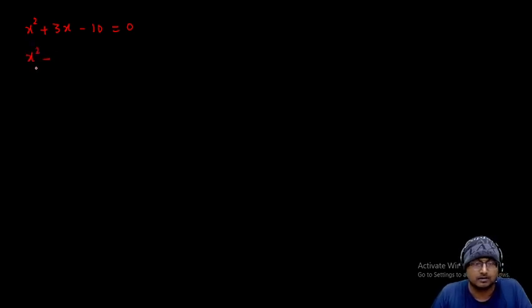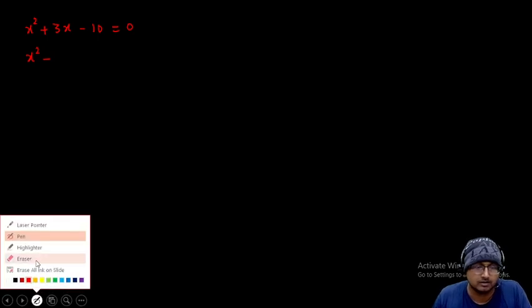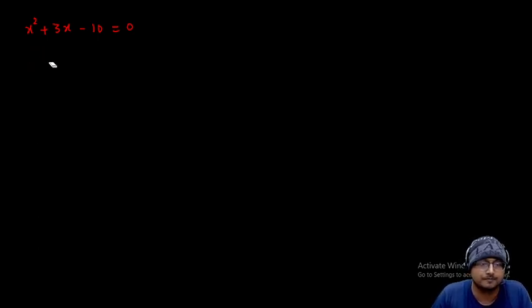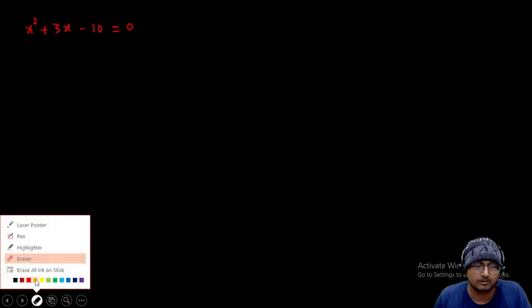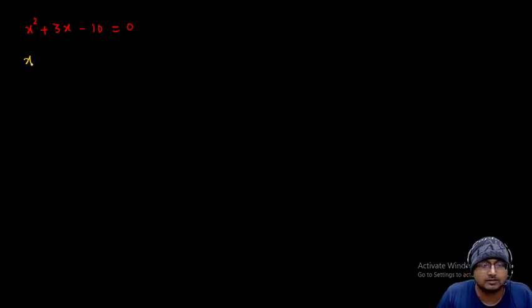Okay. So what is the thing they asked? x square plus 3x minus 10 is equal to 0. Okay. So what is our standard form? x square minus of alpha plus beta into x plus alpha beta is equal to 0.